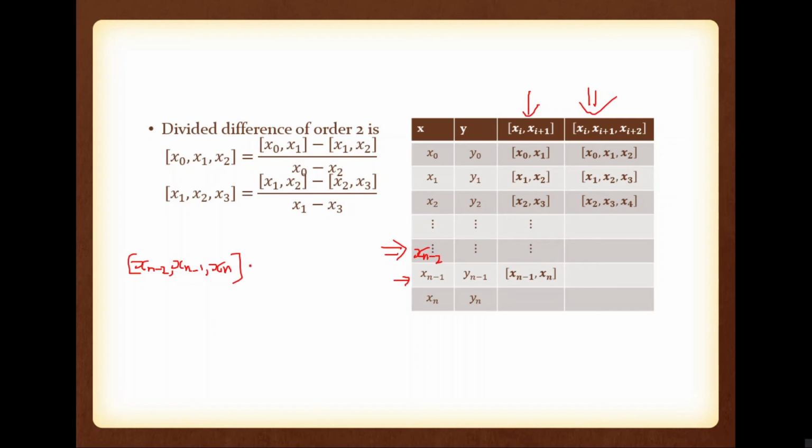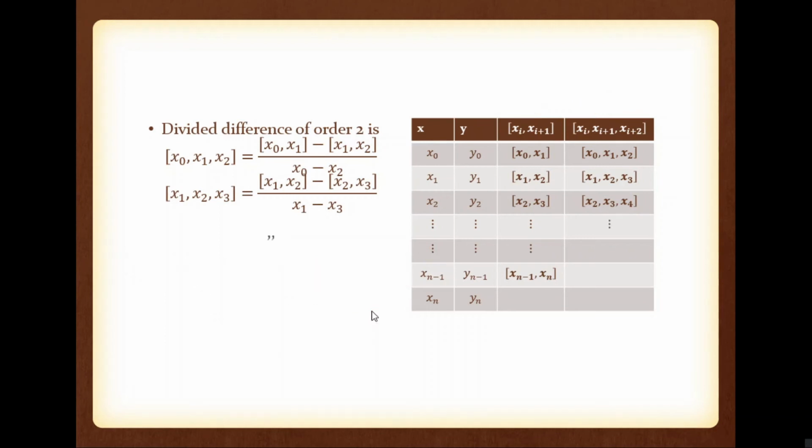So this is equal to first two, that is [xn minus 2, xn minus 1], minus [xn minus 1, xn], divided by the first element xn minus 2 minus the last element xn.